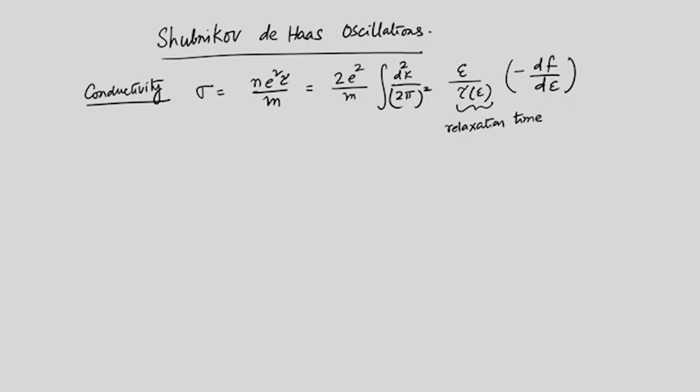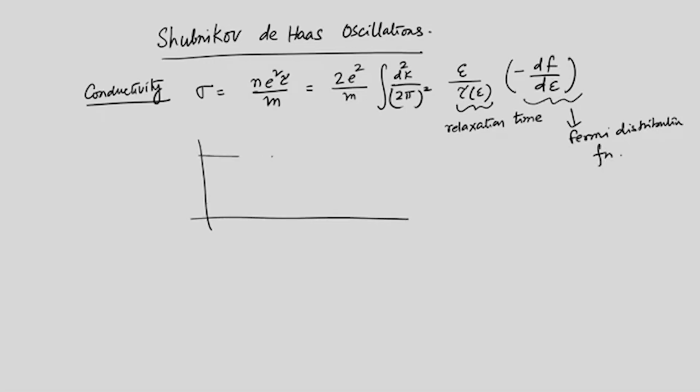It's not exactly like the one that we have seen in the Drude formula, where tau is the relaxation time and it's a constant for a given material. This one is coming from the Fermi distribution function, and if you look at it, the Fermi distribution function can be plotted as follows.